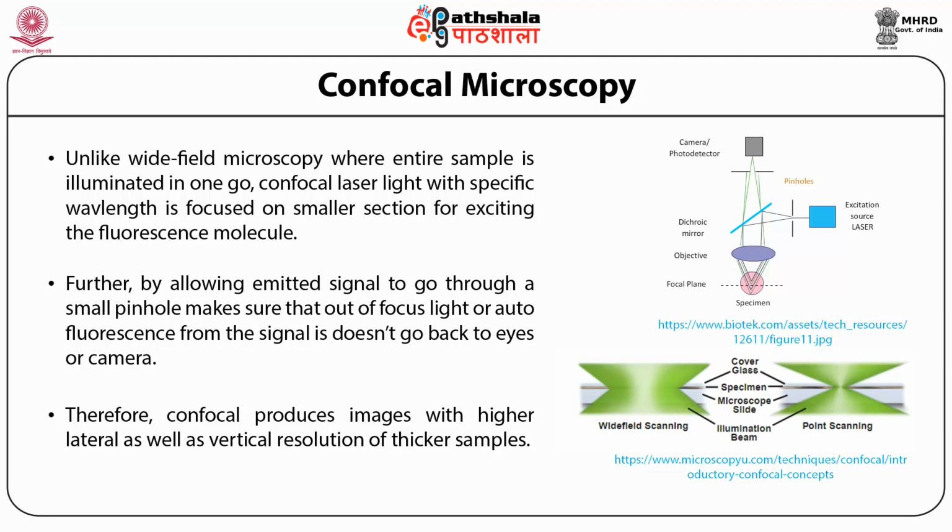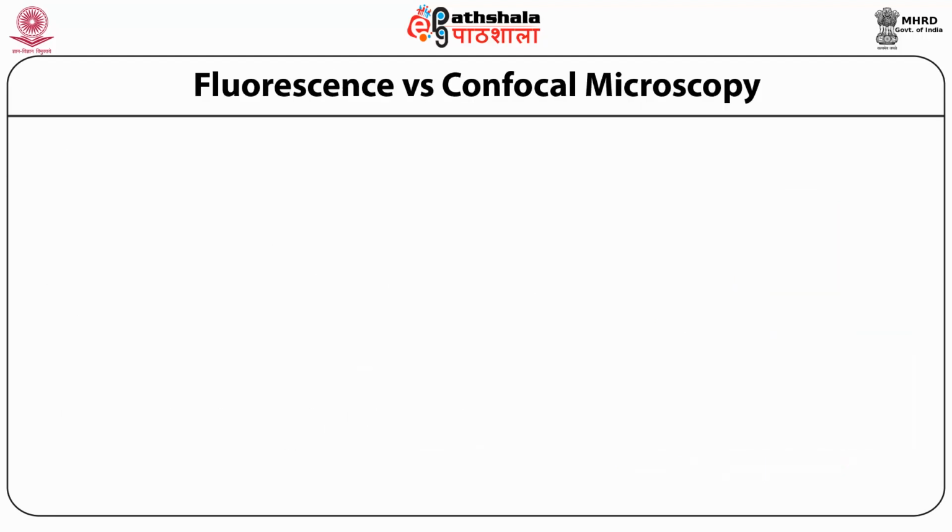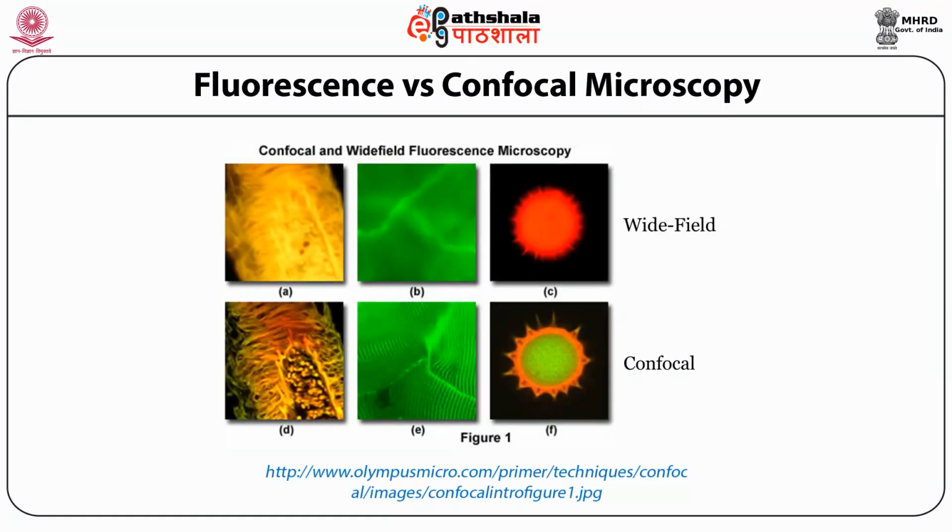In wide field microscopy, we are illuminating a very large section. As you can see, the specimen is kept on a glass slip, and a wider area is illuminated compared to the very specific point of the laser in confocal microscopy. And the resulting images from both of these microscopies are like this.